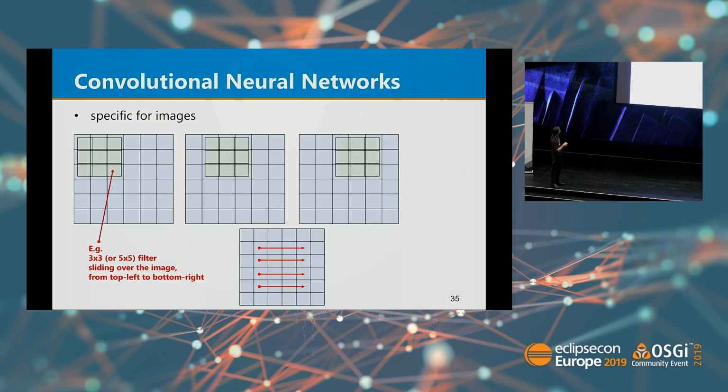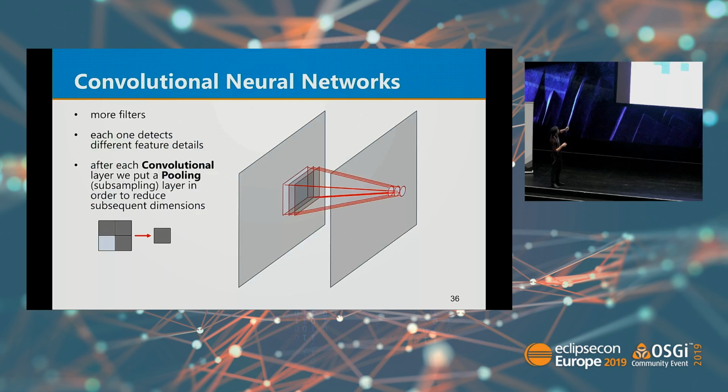Let's see better here. This is a filter, the same filter applied in all the areas of the image. In this case, we have a 3x3 filter. Generally, we use more filters like this, and each filter tends to specialize in different features.